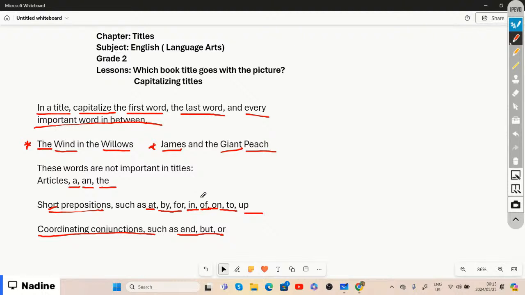Words like coordinating conjunctions, prepositions, and articles are words that are not important. But if you write one at the beginning of a sentence, we will capitalize it.